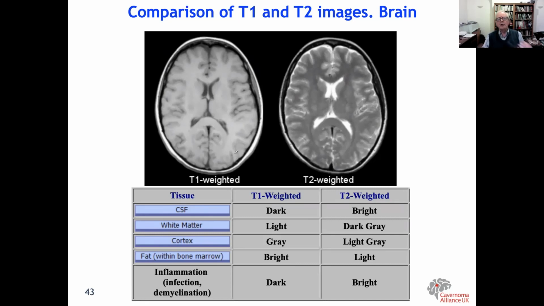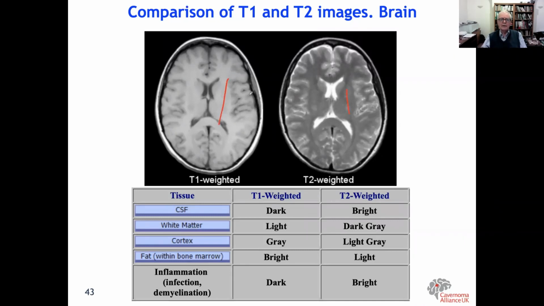Now, the brain has got grey matter and white matter. The grey matter is this stuff around the outside. It's connected via white matter, which are the axons, which can go down to the body. They can go across to other parts of the grey matter over here. The images of white matter are light in T1, that's down this region, and they're dark in T2.